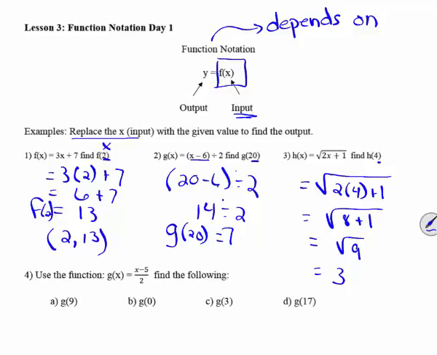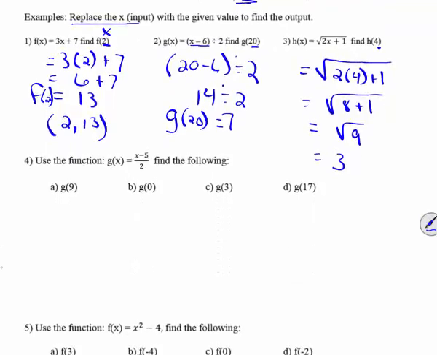Number 4. So here I have one expression, and I'm going to do a bunch of different values. So my function is (x minus 5) over 2. So g of 9 means 9 minus 5 divided by 2. 9 minus 5 is 4. 4 divided by 2 is 2. For 0, we're going to have 0 minus 5 divided by 2.